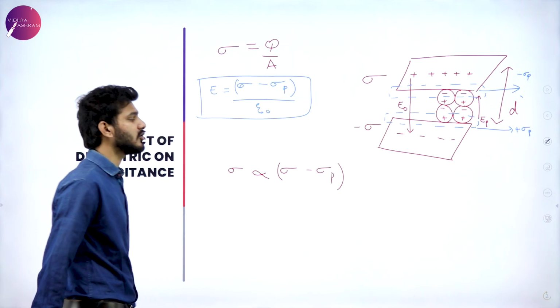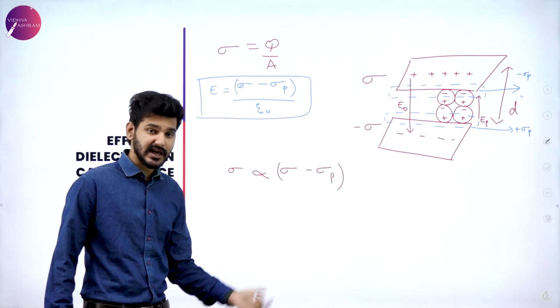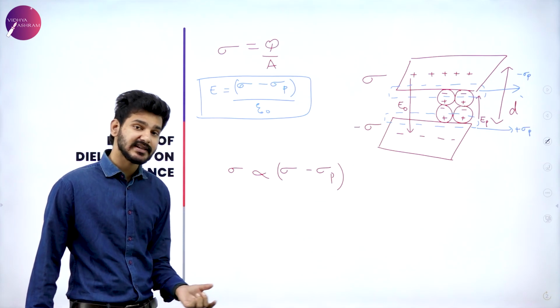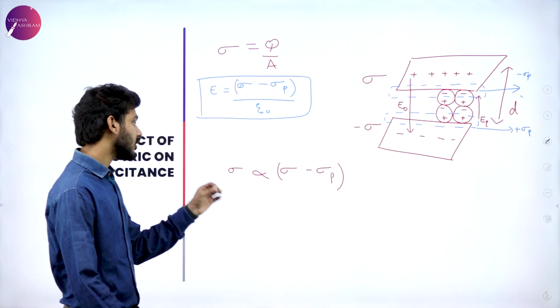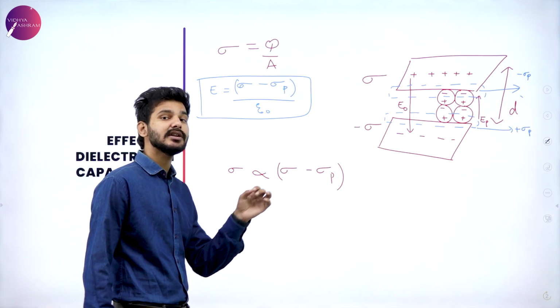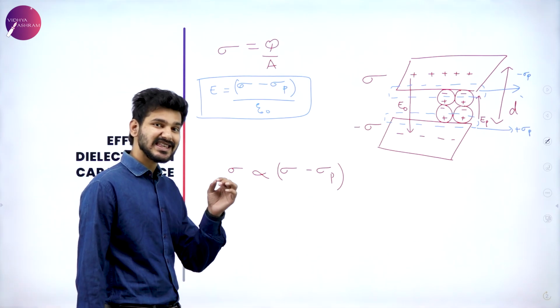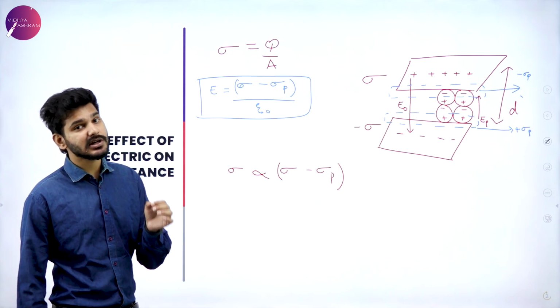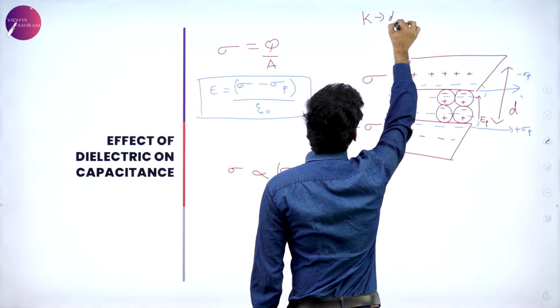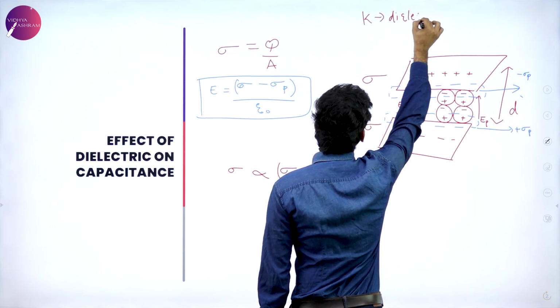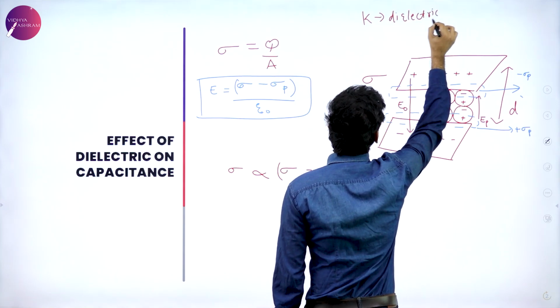From this relation, we know that this is a proportionality sign, and in order to avoid that proportionality sign, we have to introduce a constant of proportionality. The constant of proportionality we are going to introduce here is known as K, which is the dielectric constant.